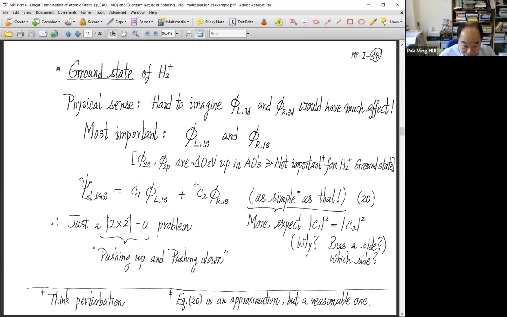The wave function square will be how the electron density is distributed in space. So now, think about it this way. I have a left and a right atom.